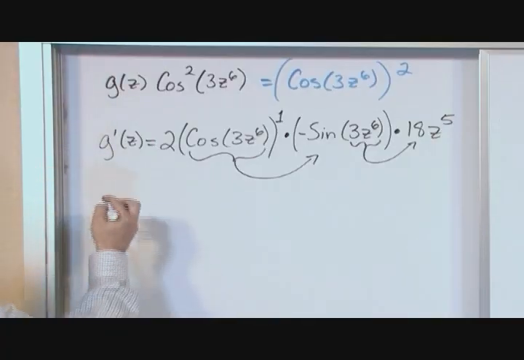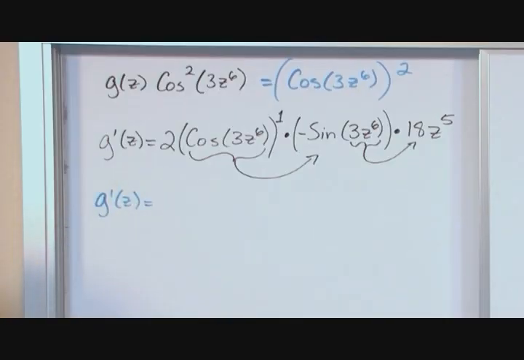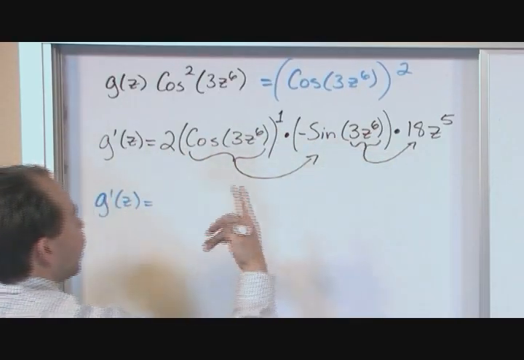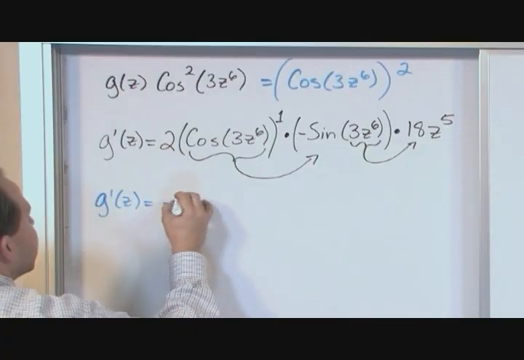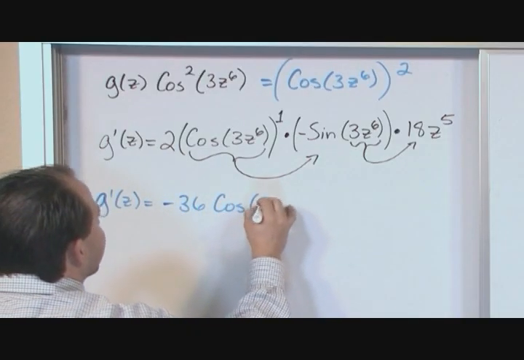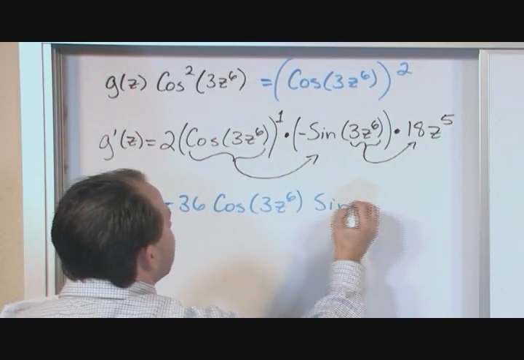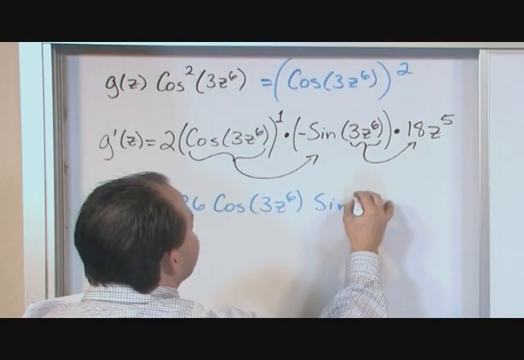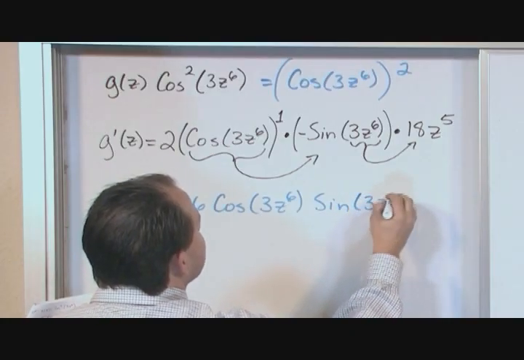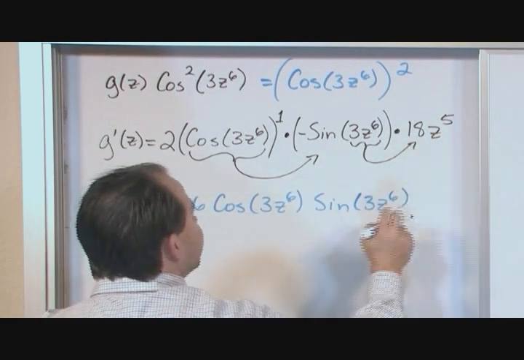So we basically keep multiplying in the chain rule, inner and inner and inner, taking derivatives as we go to get to the answer. So just to tidy this up, g prime of z is going to be equal to 2 times 18 is 36. We have a negative sign, so negative 36 cosine of 3z to the 6th power times the sine of 3z to the 6th power. And don't forget we have the z to the 5th sitting out here.